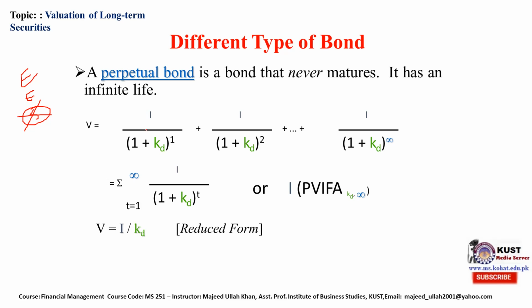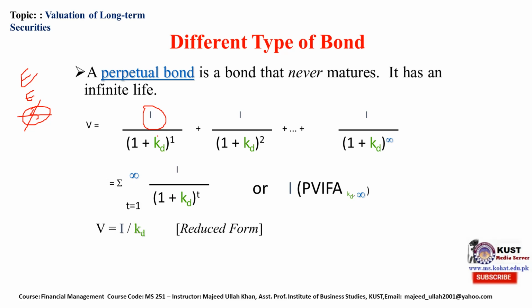So what will be the value? The value of the bond will be based on the interest I that you receive. Let's suppose it is an 8% coupon bond, then 80 rupees divided by Kd, which is basically the required rate of return. That is what you want to receive on the bond, or what you would get by investing in the same type of risk.